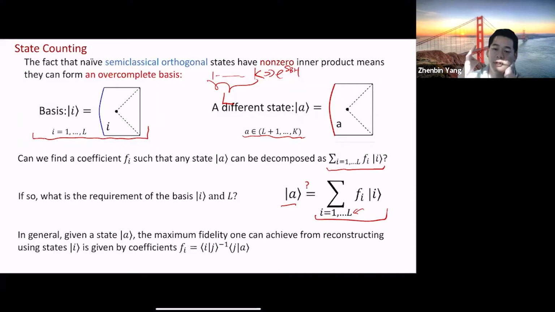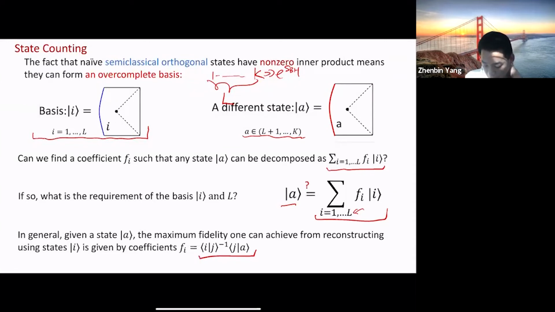You're simply looking for the inner product between A and the sum over i of f_i times |ψ_i⟩, and looking for the coefficient f_i to maximize this inner product. In general, you'll find that the maximum inner product you can achieve is given by the coefficient f_i equal to this formula. This is a matrix product formula.